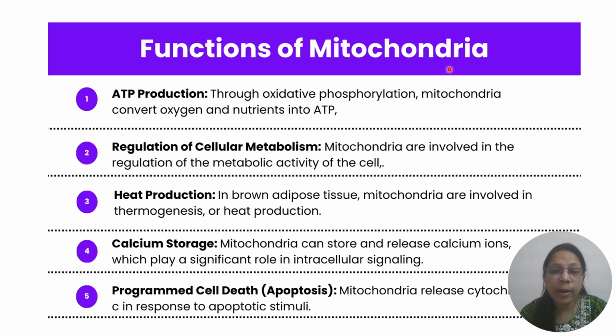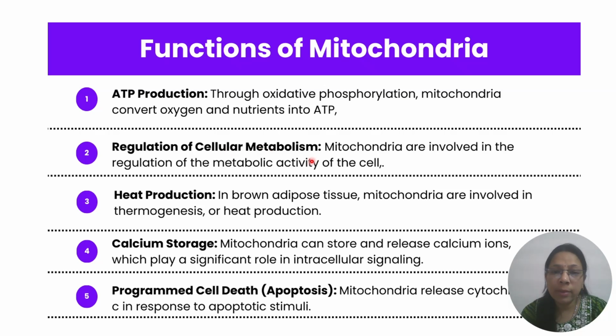So the functions of mitochondria. The first and main important function is ATP production through oxidative phosphorylation, that is nothing but oxidative respiration we can call. Mitochondria convert oxygen and nutrients into ATP. We'll see in the next slide how this oxygen and nutrients form ATP.